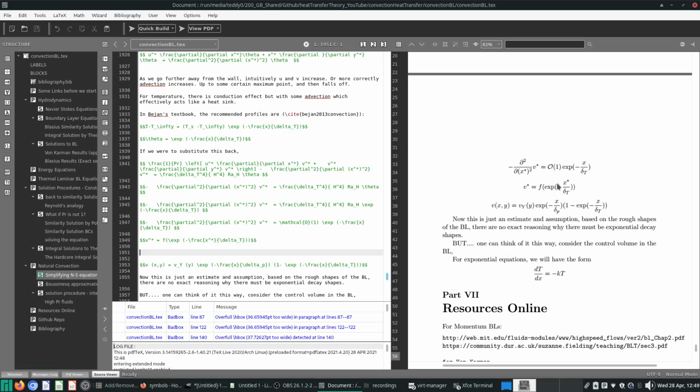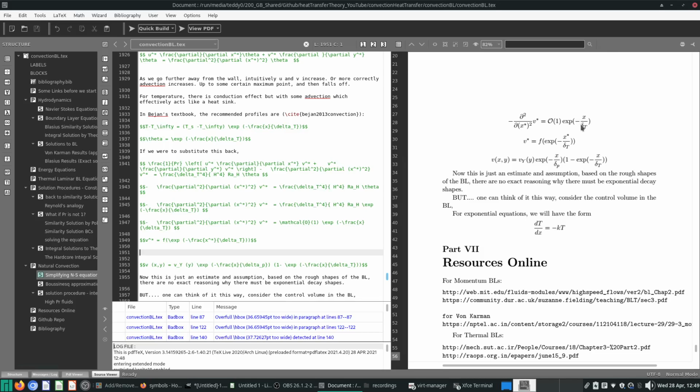So this v star should be some function of this exponential decay curve. So we can just differentiate this twice, and then based on this equation, we can see that v star will be some negative exponential of x over delta t, or x star over delta t, whichever you want. Okay, what is the other stuff that's in there?